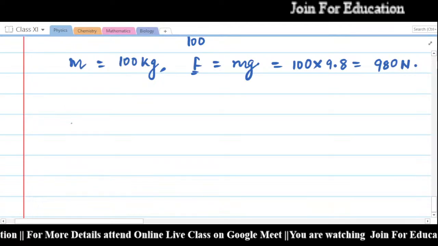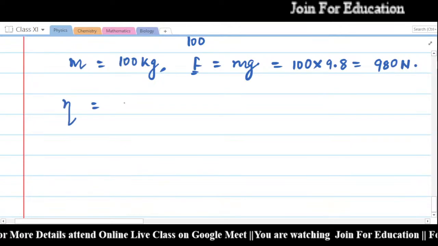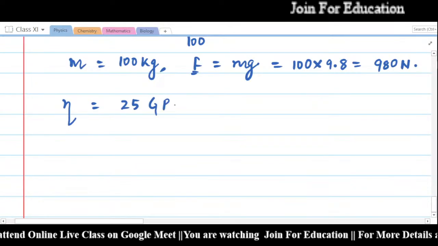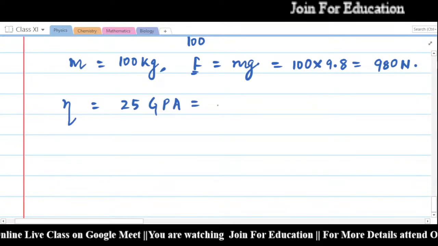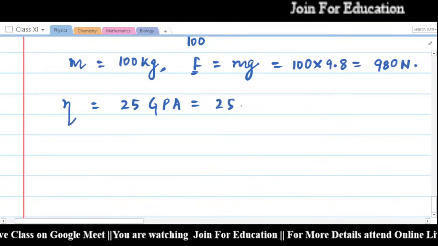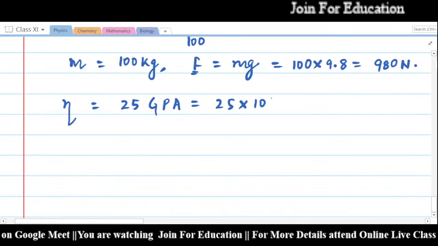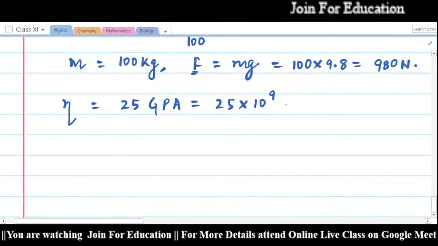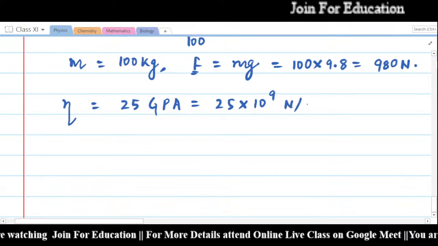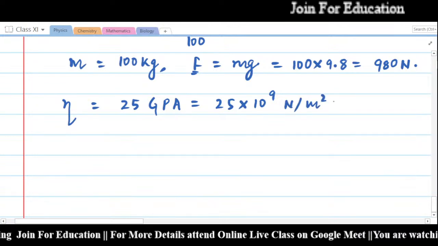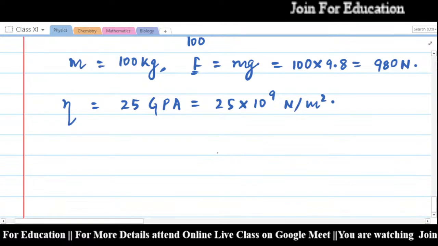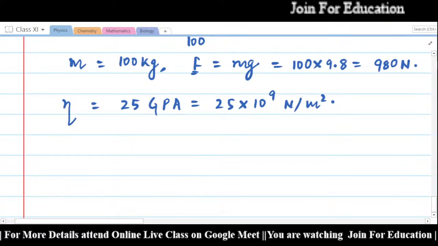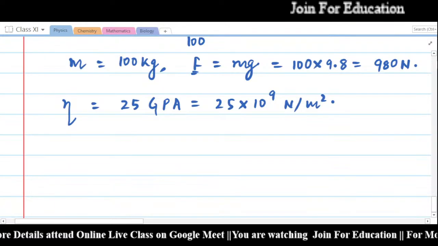So we write down here the value of eta is 25 GPa, equal to 25 into 10 to the power 9 Newton per meter square. There is no problem to understand up to this step.